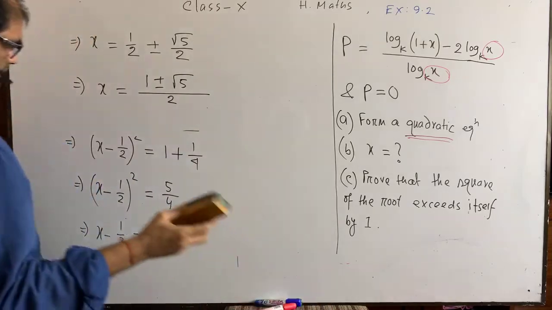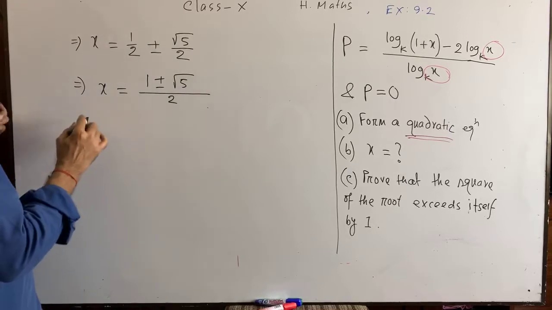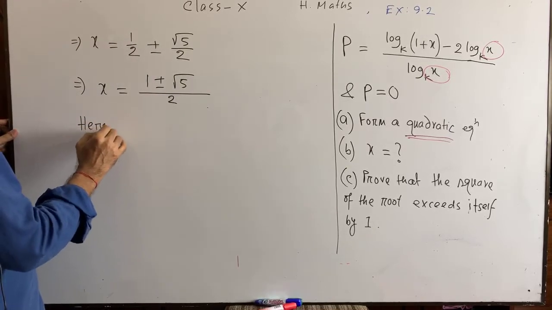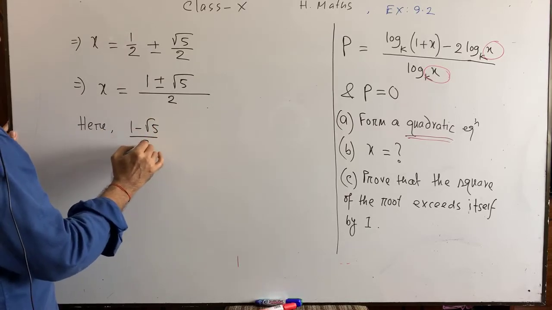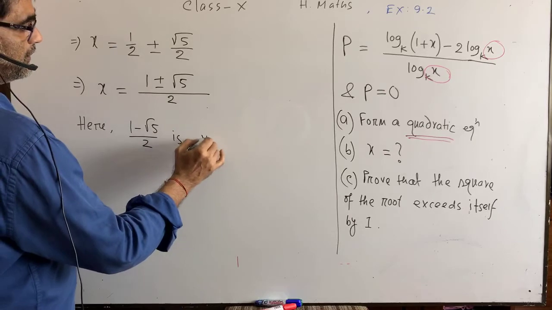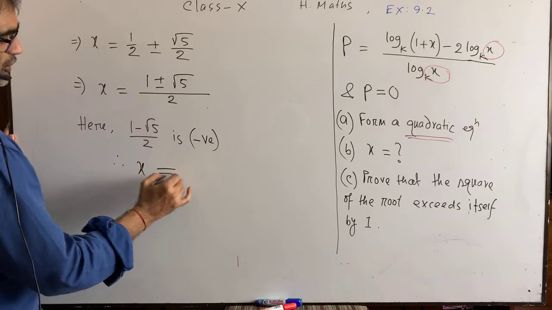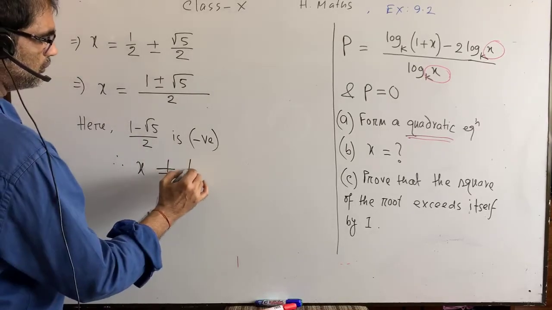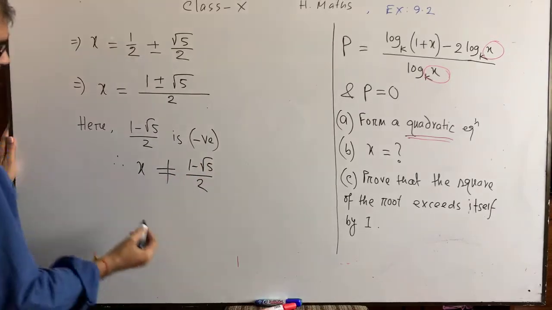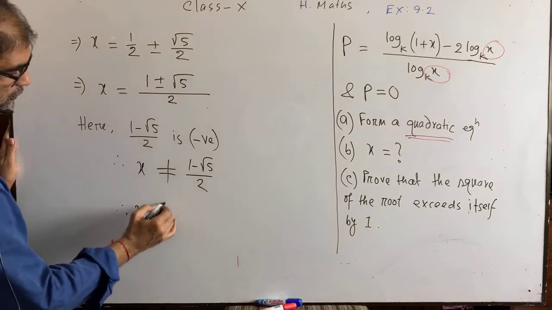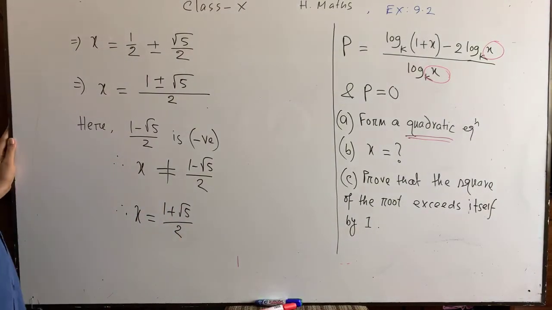So I think you have got it like the previous one, where 1 minus root 5 by 2 is negative, right? It is negative. Therefore x cannot be equal to 1 minus root 5 by 2. So therefore we can write here x is equal to 1 plus root 5 by 2. So we have got our answer, right?